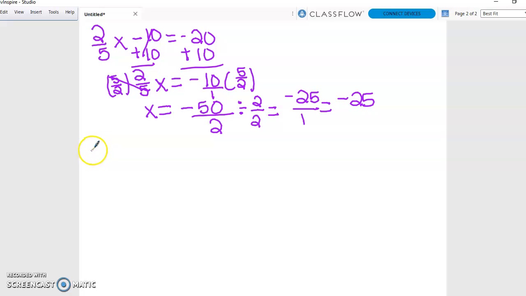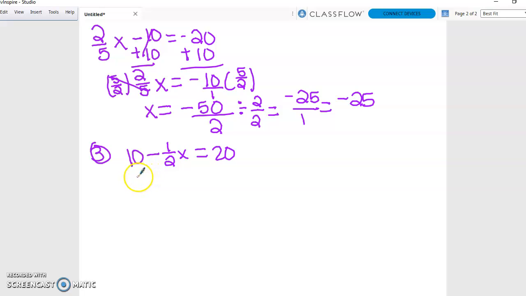All right, so let's look at another problem. We have 10 minus 1/2 x equals 20. So here it's written a little differently, but it practically means the same.